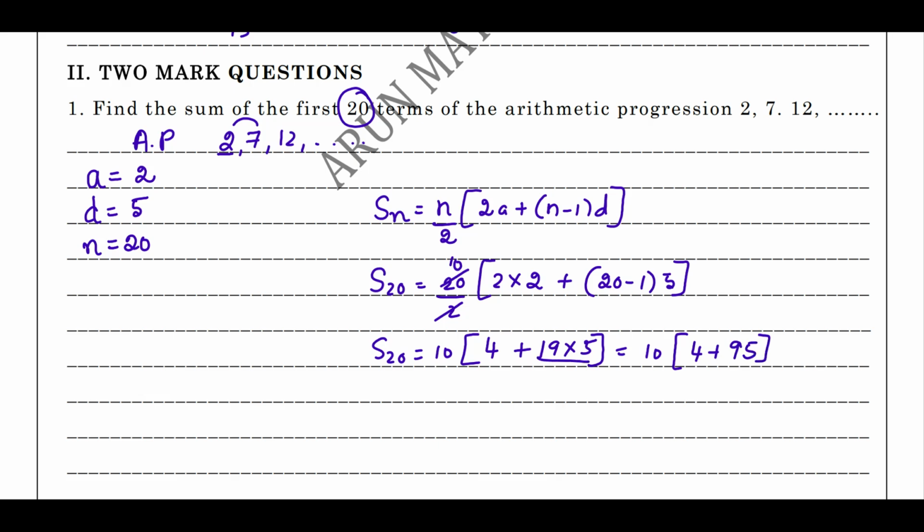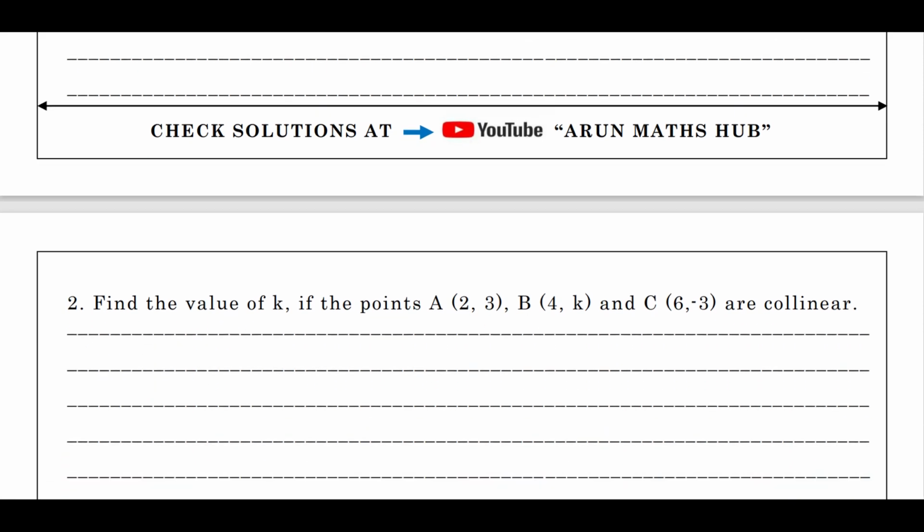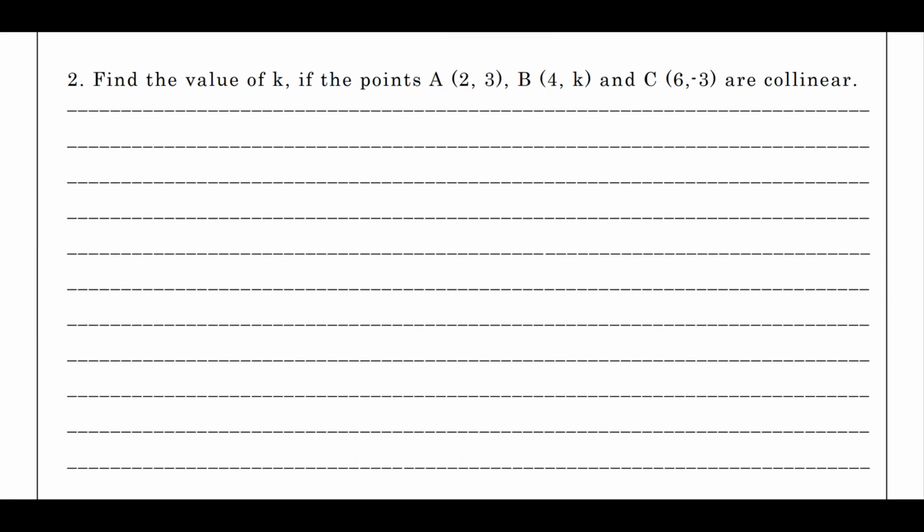First you should multiply, then add the answer to 4. 95 plus 4 is 99. S20 equals 10 into 99, which is 990. Therefore, the sum of 20 terms is 990. Very simple questions will be asked for 2 marks.